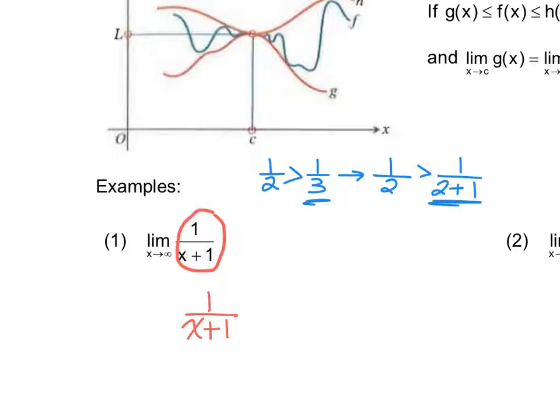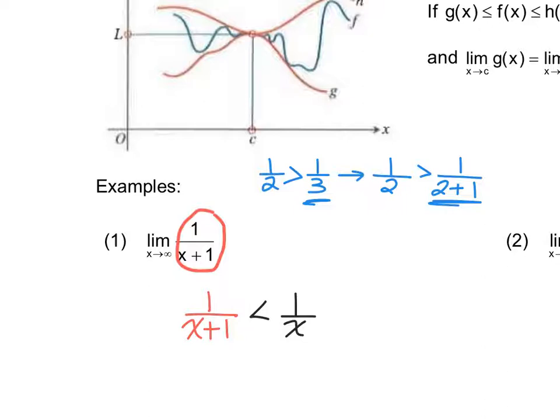So I want this expression to be surrounded by two other expressions, but I want to use this property here. So I know that this has to relate to, let's just use 1 over x. Is the 1 over x plus 1 bigger or smaller than 1 over x? Smaller. All right, so we have that relationship just based off of that fractional idea.